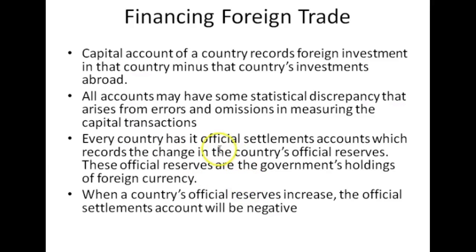And every country has its official settlement account which records the change in the country's official reserve. And these official reserves are the government's holding of foreign currency. When a country's official reserve increases, the official settlement account will be negative.